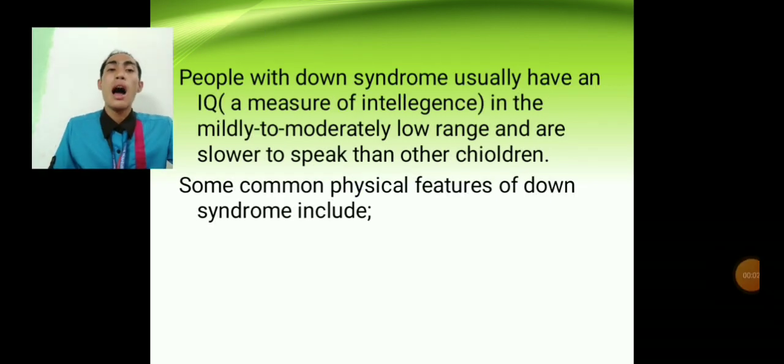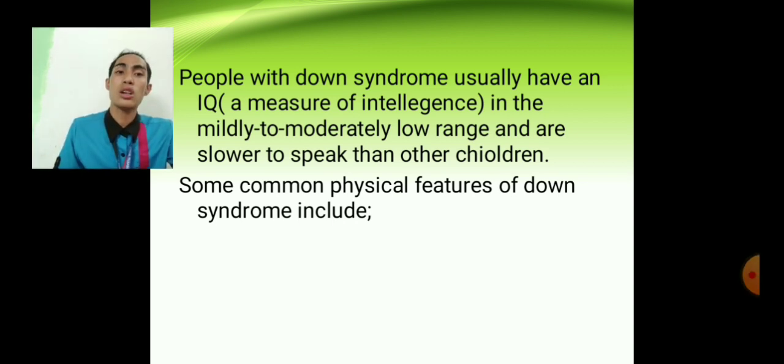Again, people with Down syndrome usually have an IQ, a measure of intelligence, in the mildly to moderately low range and are slower to speak than other children.